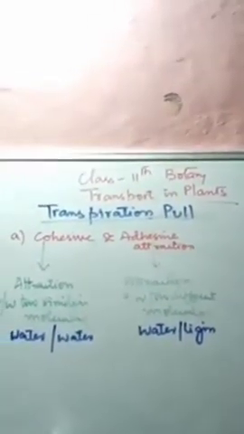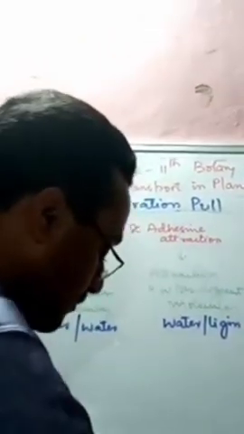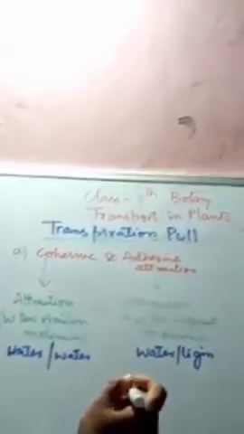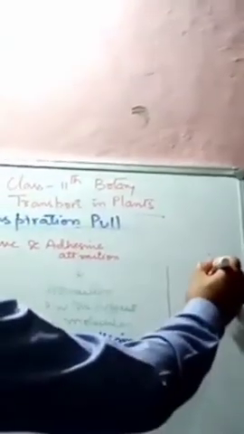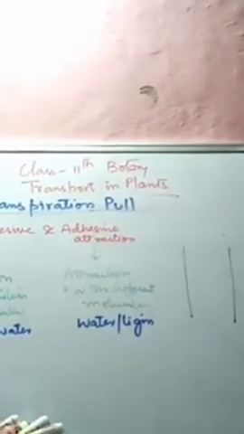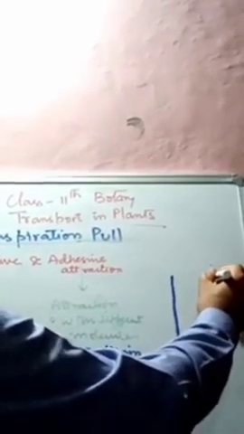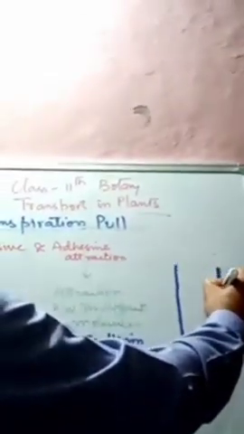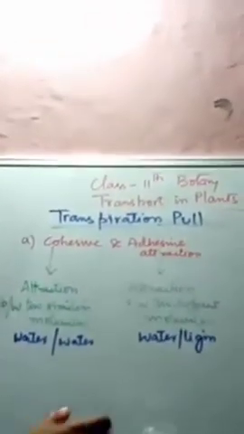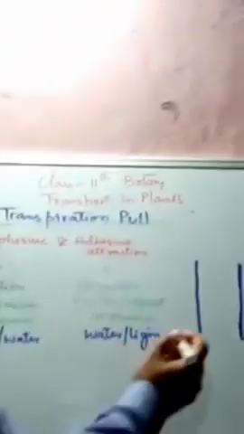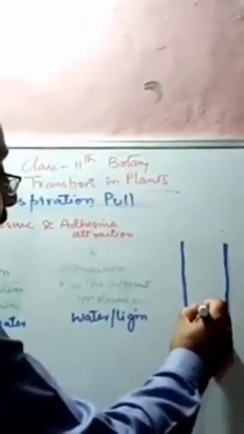Now I will try to show you this by a simple example. Diagram. If this is the lumen of the xylem vessel, here we will see this bluish layer, it is the lignin deposition. Now, for example, these are water molecules there, reddish.